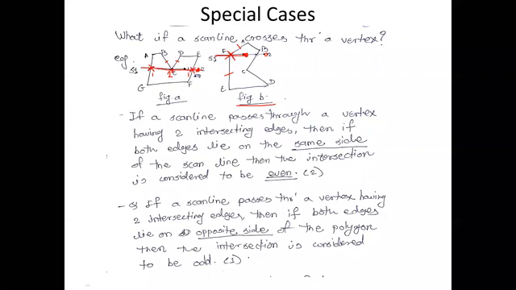But here, I have drawn this scan line and edge AF and edge EF are on different sides of the scan line. Okay, so in this case, you have to consider this intersection as one only. Here we were considering the intersection as two because both these edges were on the same side of the scan line. Here, both the edges are on different side of the scan line. So we have to consider this intersection as one only.